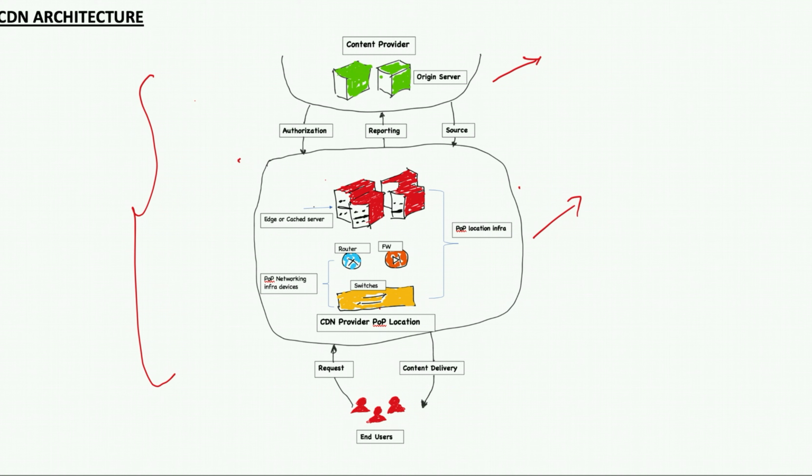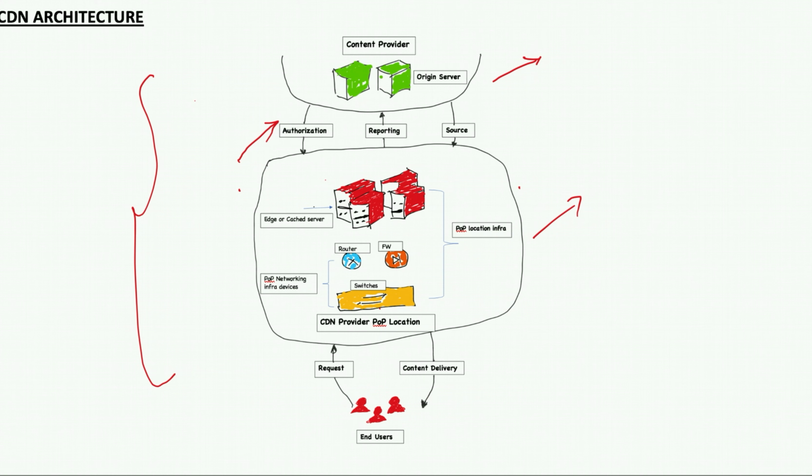So there are some responsibilities shared between the CDN and the actual content provider. One is the authorization. The CDN provider needs to have authorization to deliver the content provider's data. This authorization has to be provided by the content provider to the CDN provider. Second is the reporting.